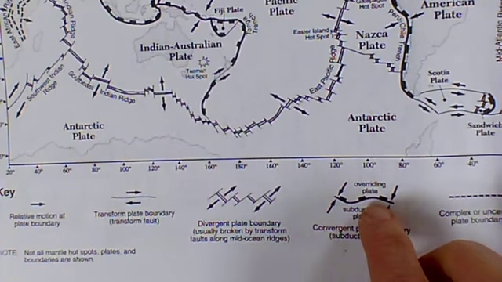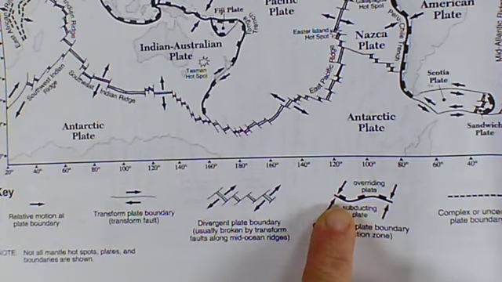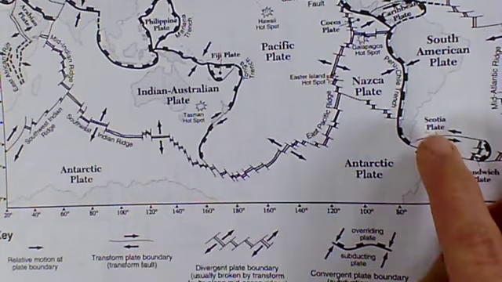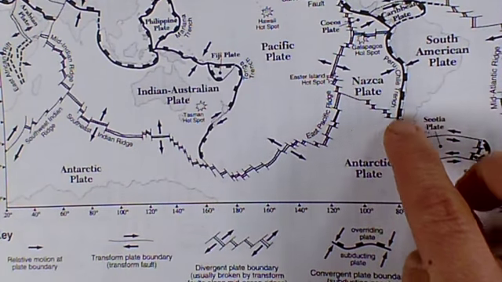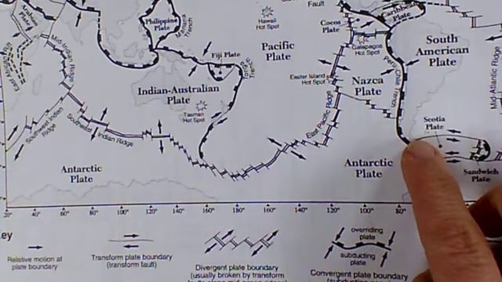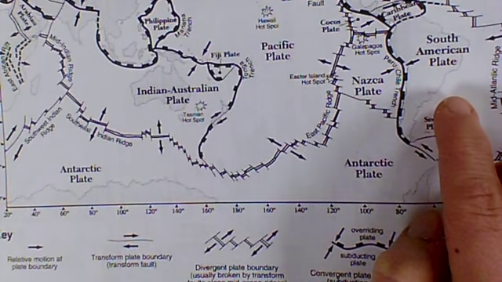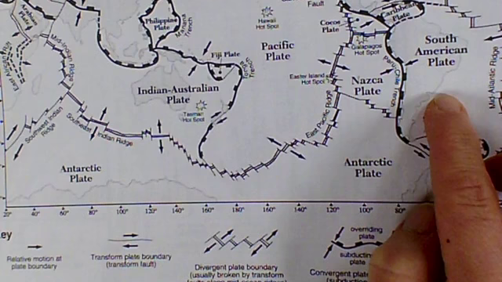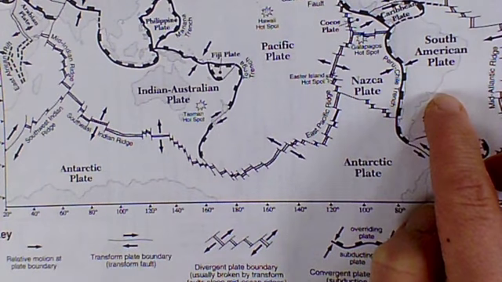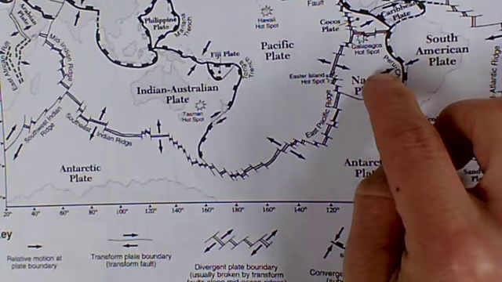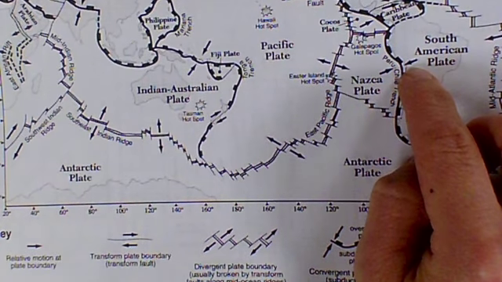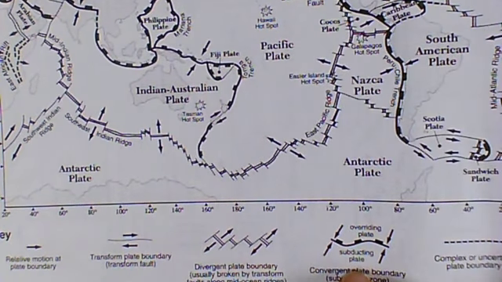Okay? And so when you see these symbols, these rectangles here, this means that the plates are coming together. So the Nazca plate is moving into the South American plate. They are coming together, and they even have arrows up here to show you that they are converging.